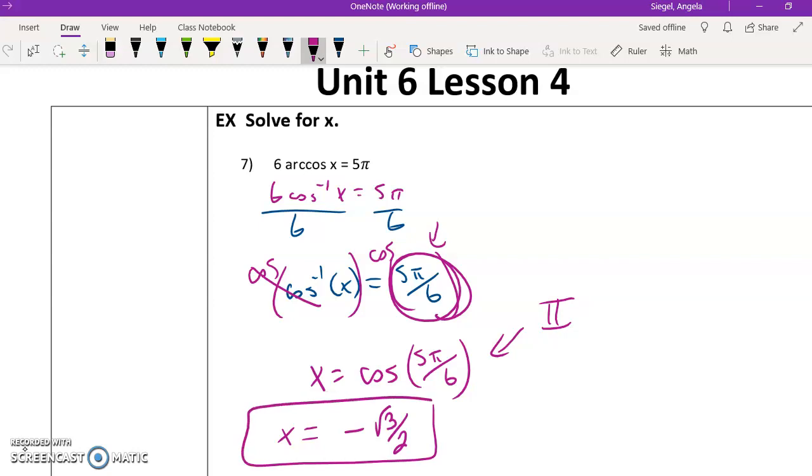So x equals negative square root of 3 over 2. And again, we're without the training wheels here, so it doesn't give us any restrictions on what we need to look at as far as the 4 quadrants. So know that cosine is negative in quadrant 2.